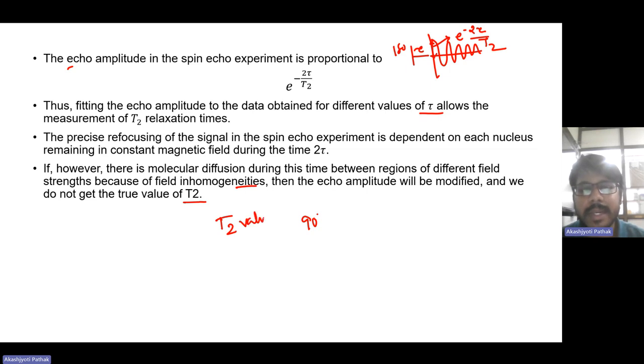Because the echo amplitude is dependent on the T2 value, it will get modified, and hence we will not get the true value of T2. So remember that the echo amplitude depends on T2.